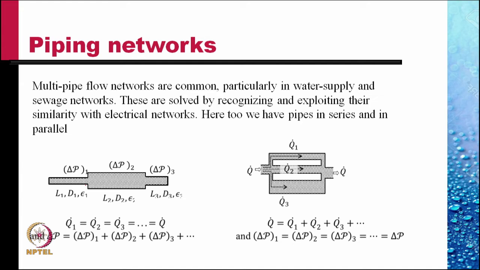But the pressure drop through each one is the same. Delta P1 is equal to delta P2 is equal to delta P3. The voltage drop is same in similar electrical networks.